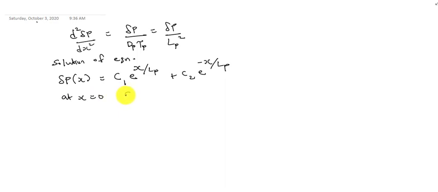At x equal to 0, the value of delta p of x is delta p. This is the injected value of holes to the semiconductor.